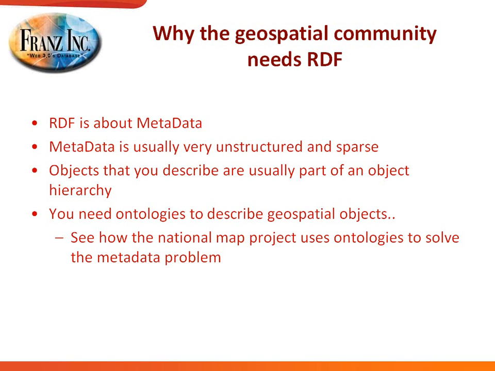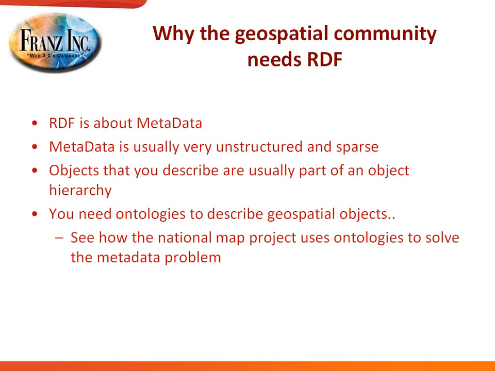And then what you also see is that geospatial databases contain a lot of information that is not well described in relational databases because it's actually about objects and object hierarchies and about relationships between objects. So, for example, people start to use ontologies to describe geospatial objects.